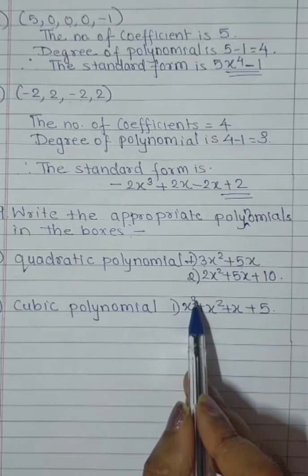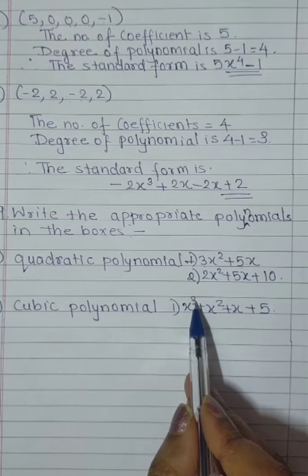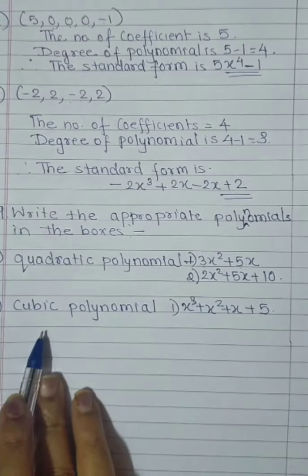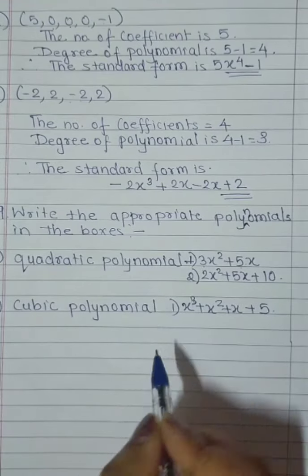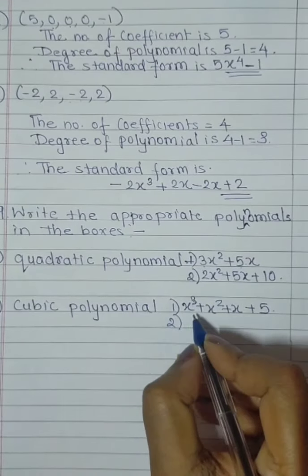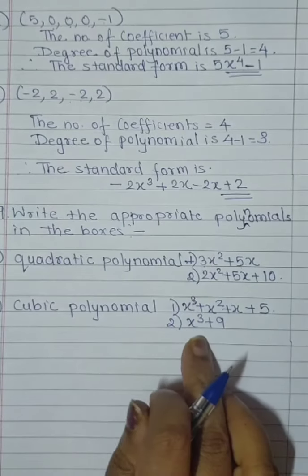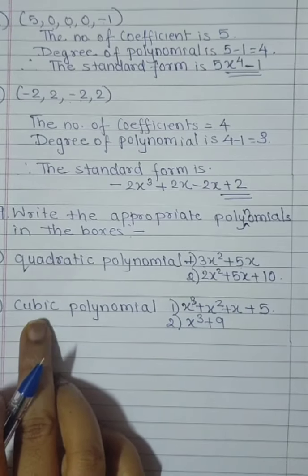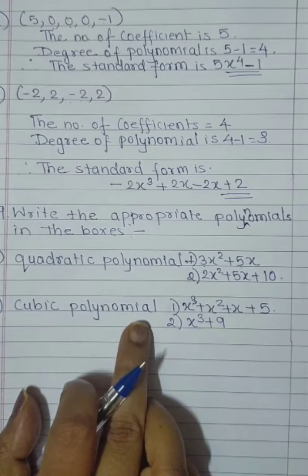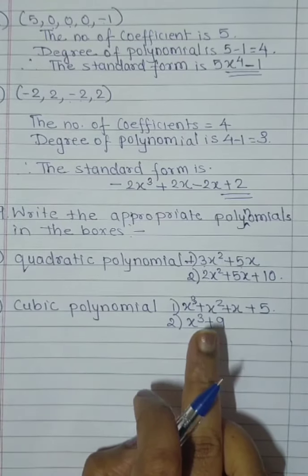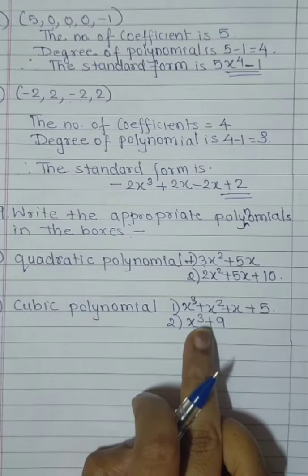Because here the cube is considered as the degree. The power is 3 here. So it will come under cubic polynomial. And the second is x³ + 9. This is the second equation of cubic polynomial. Why? Because here also the power is 3, which is cube.